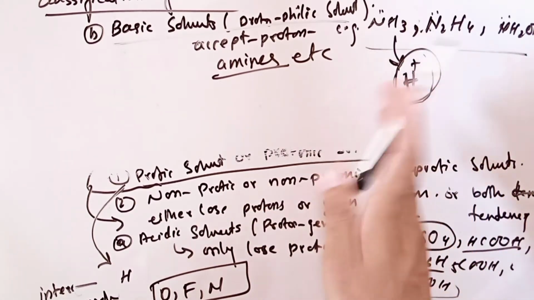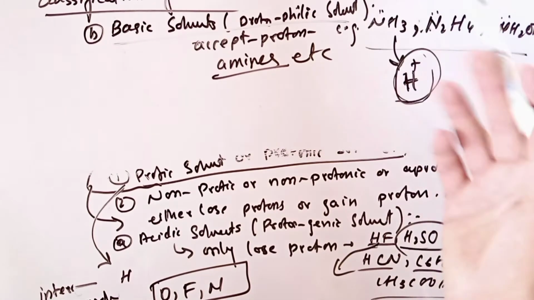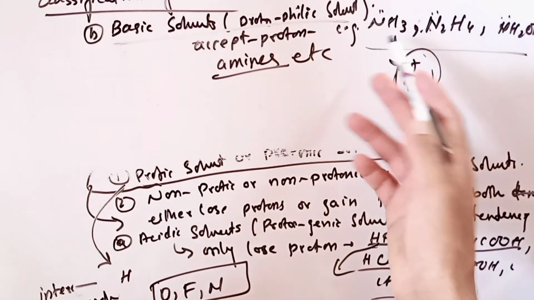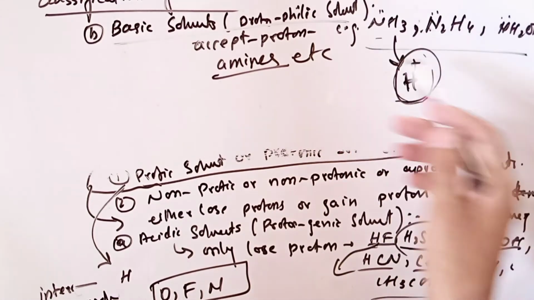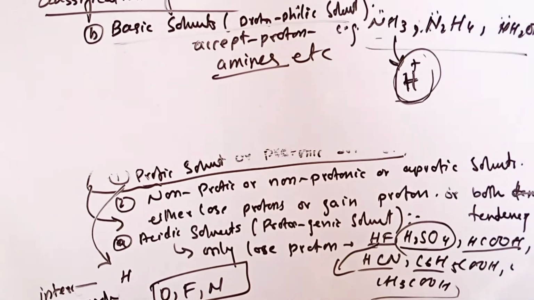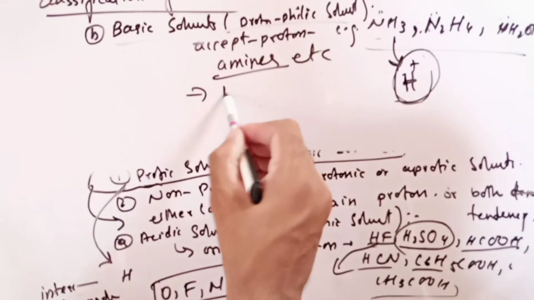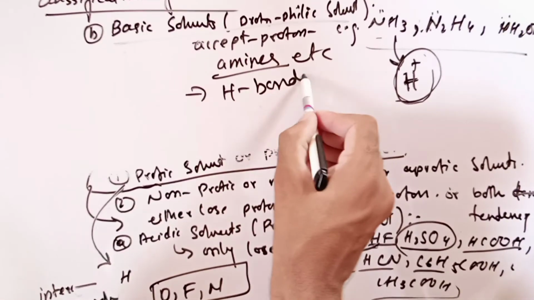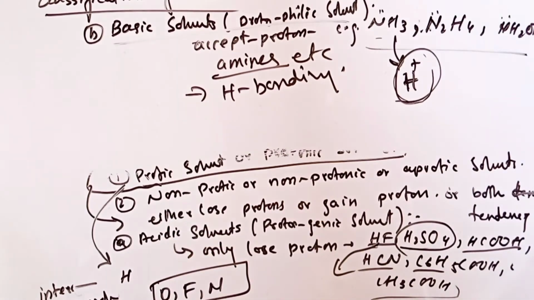That is why these species accept protons and are called basic solvents, and they can also form hydrogen bonding. I hope this point is clear. Okay, come to the next point.